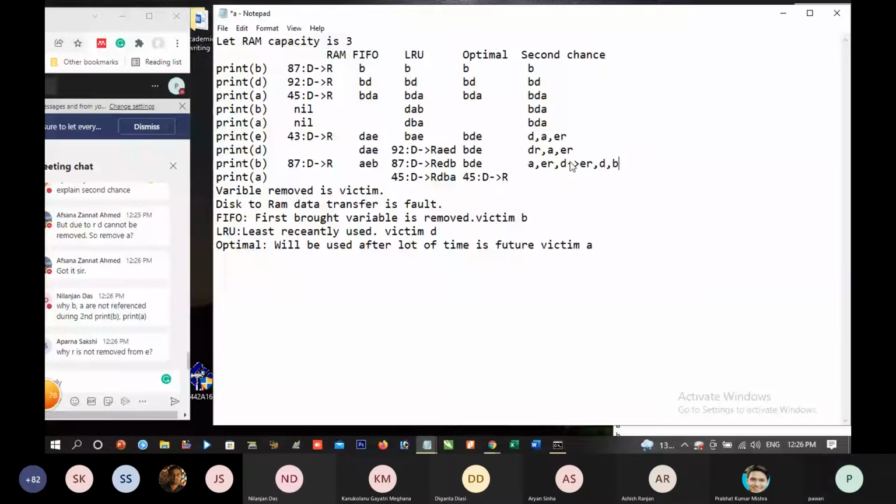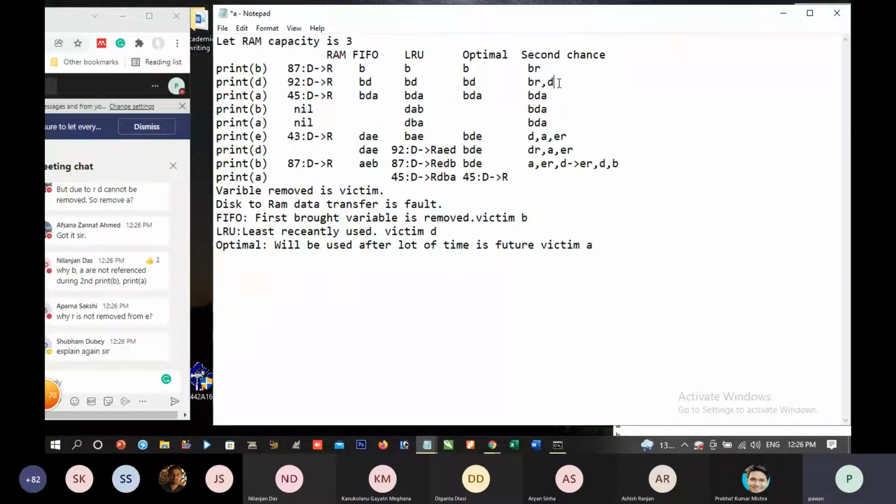You see, B and A are also referenced. Initially B was referenced, so we wrote BR.